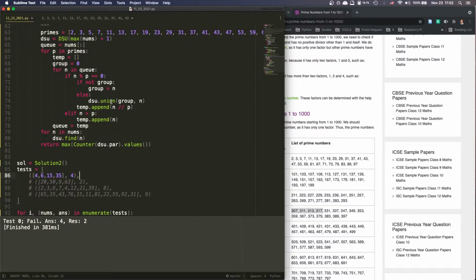Alright. So first is group is 4, right? And then next one is 6 comes out. 6 can be divided. And then we're gonna union 4 and 6. And temp gonna append 3. And next one is 15. 15 is not. So I just append.